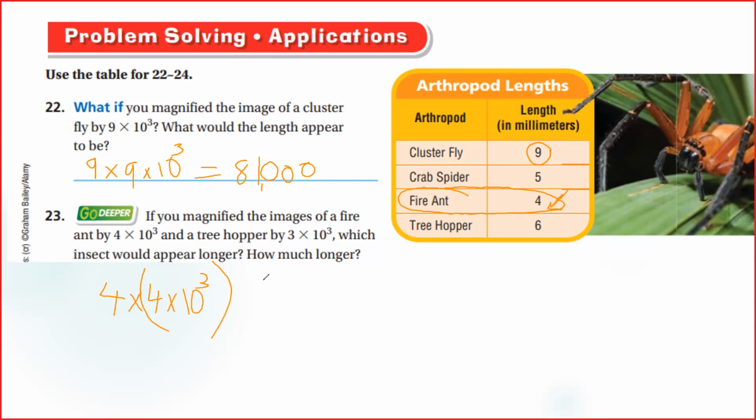I take the 4 from the table. And a tree hopper, its length is 6, and I magnify it by 3 times 10 to the power of 3. Did you understand from where I bring these two numbers?